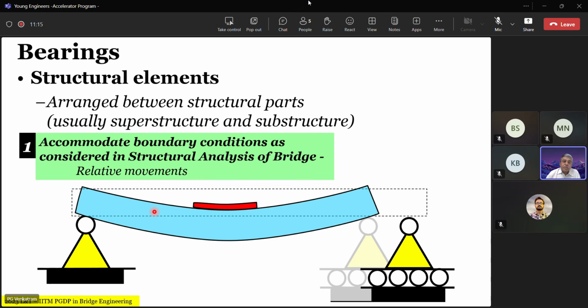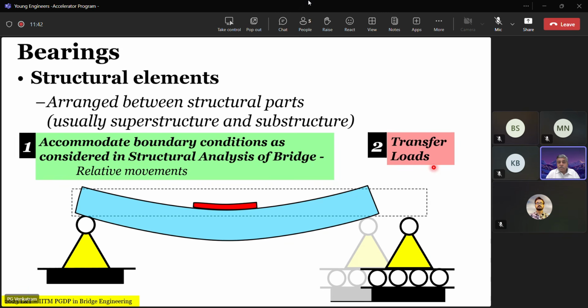They accommodate the boundary conditions such as those considered in the structural analysis. So the choice of bearing and the kind of movement they permit or restrain are important to identify, so that you model them as boundary conditions in your analysis correctly. That's where understanding the bearings becomes most important.